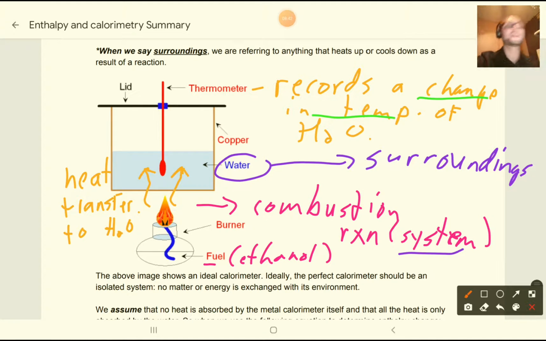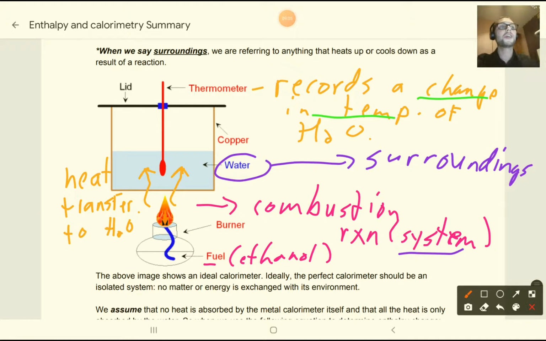The water, because it heats up, is the surroundings. And so what we can do is use the temperature change of the water to get the heat of the water. And then from the heat of the water, we can infer the enthalpy change from the combustion of ethanol.